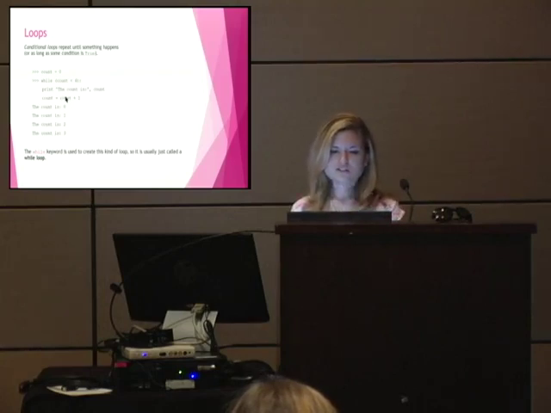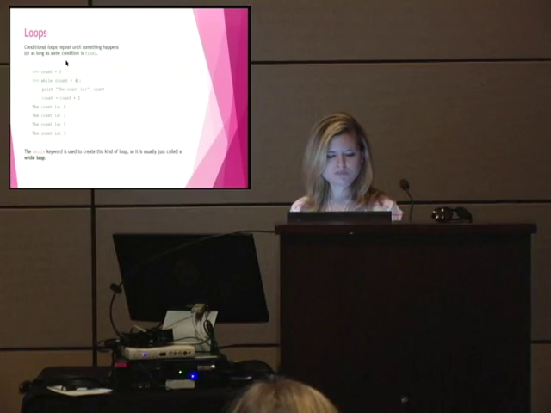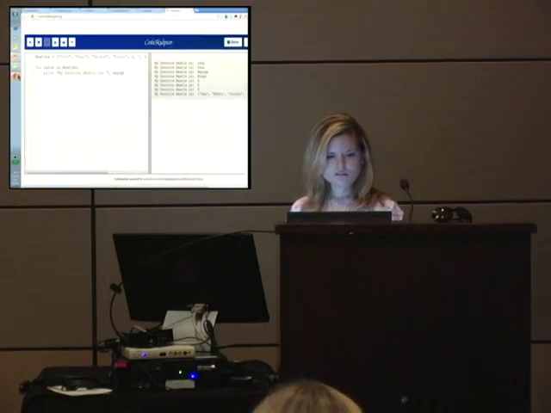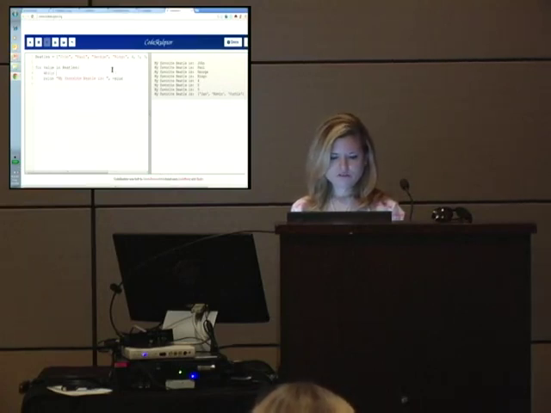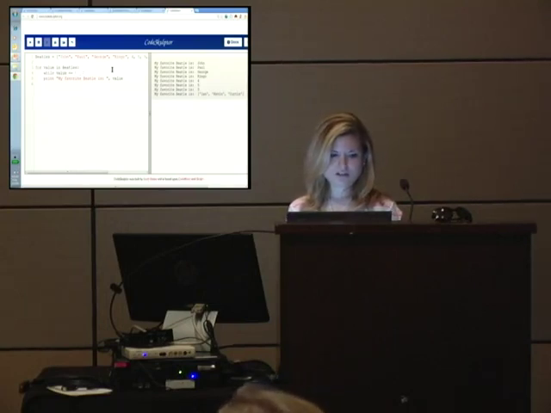So we could give a condition for the for loop program that we just created, right? We only want, for value in Beatles, while the type of value equals string, right?